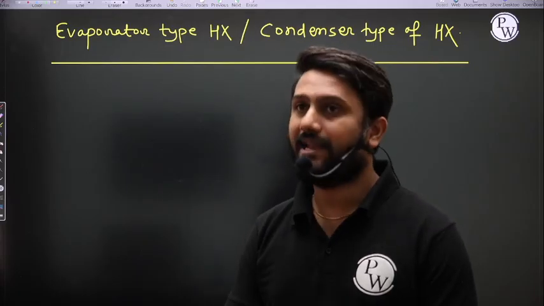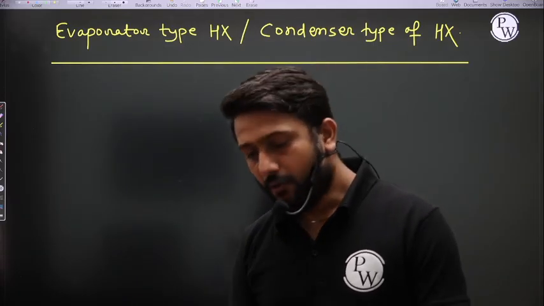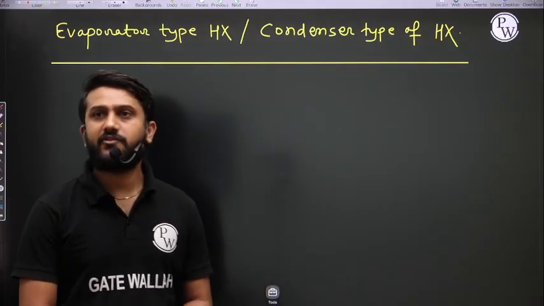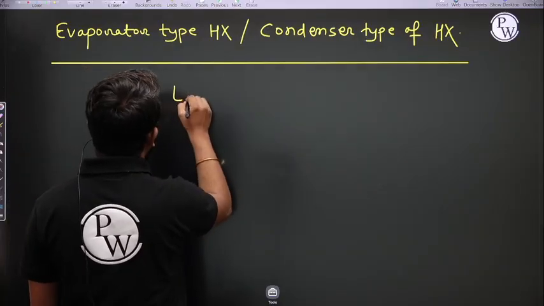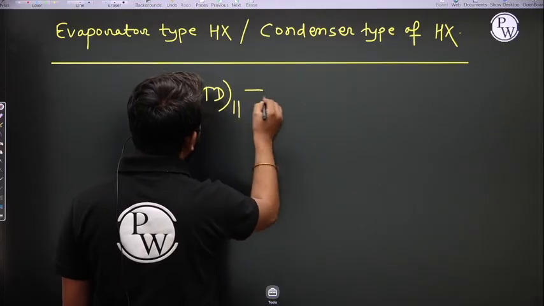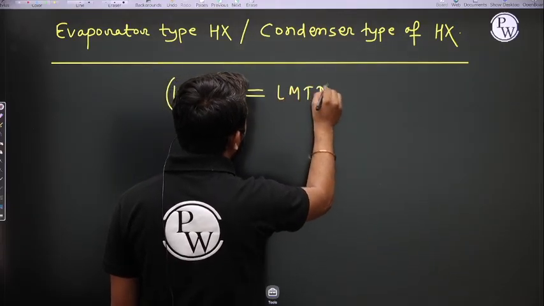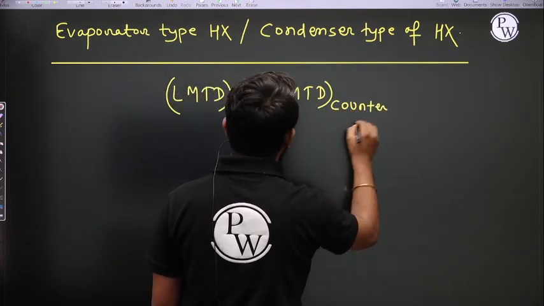So in an evaporator type or condenser type of heat exchanger, if you are calculating the LMTD, parallel flow is same as counter.